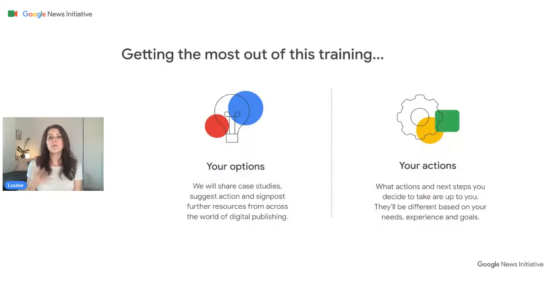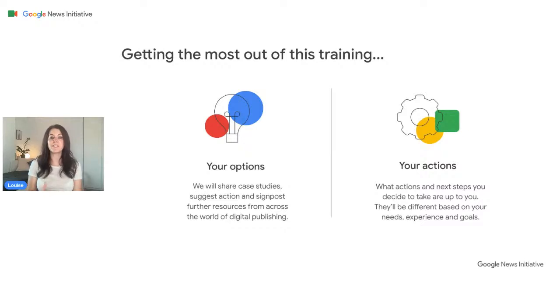We really want you to get the most out of this training. We want to show you a variety of options that are available to you. However, it is important to say that what we are showing you are just options. The world of digital publishing is complex, and each business has a different challenge, different audience, and a varying amount of resources.